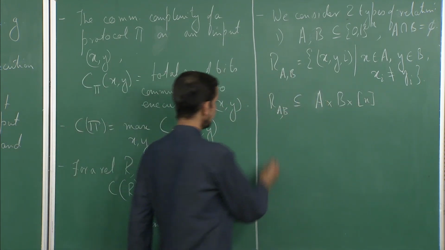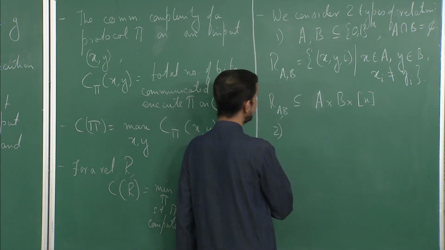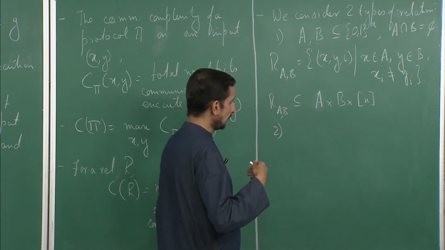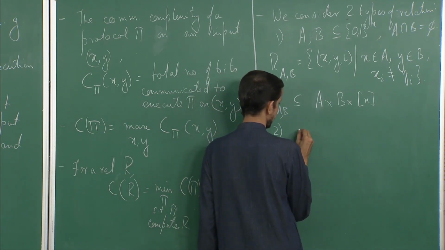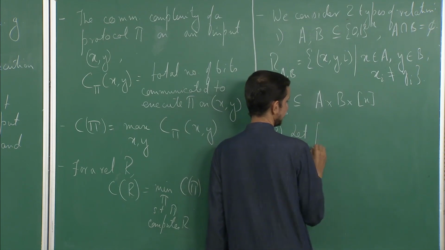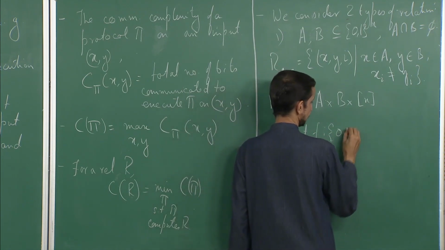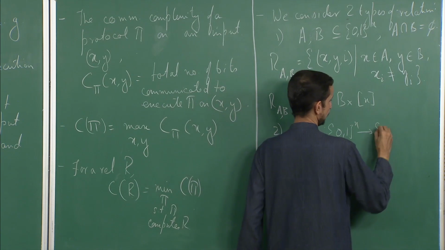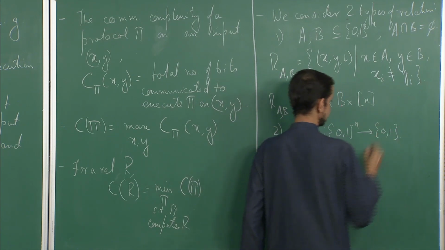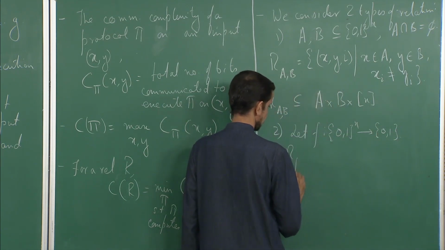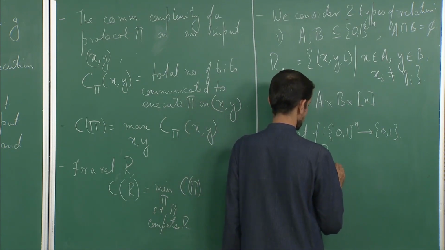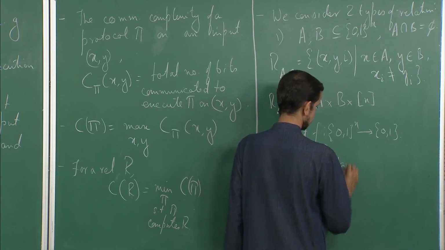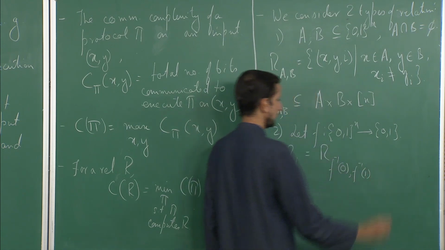The second type of relation that we define is what is more appropriate for us for a function. Let f be a Boolean function, f from {0,1}^n to {0,1}. We define R of f as equal to R of f inverse 0 comma f inverse 1.